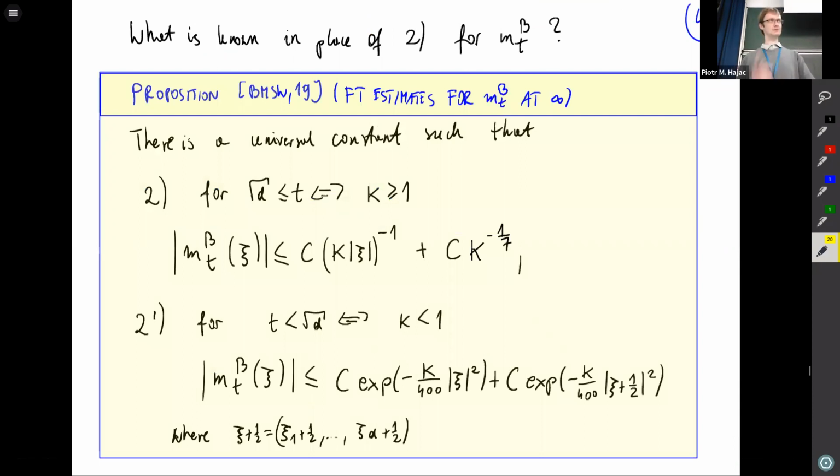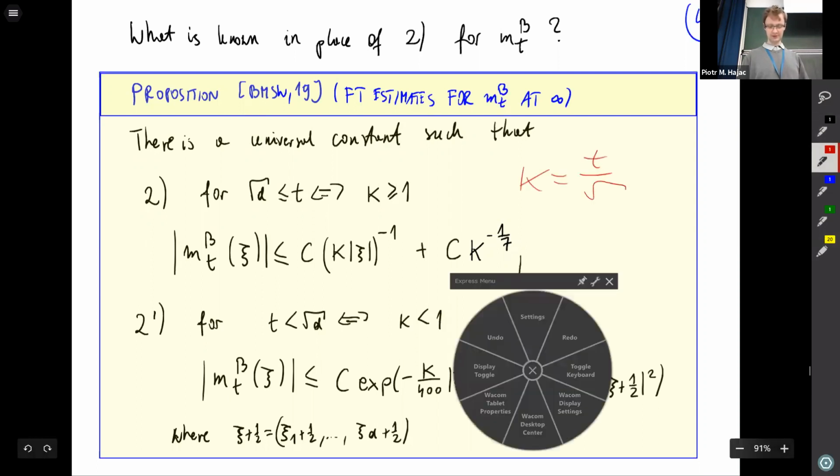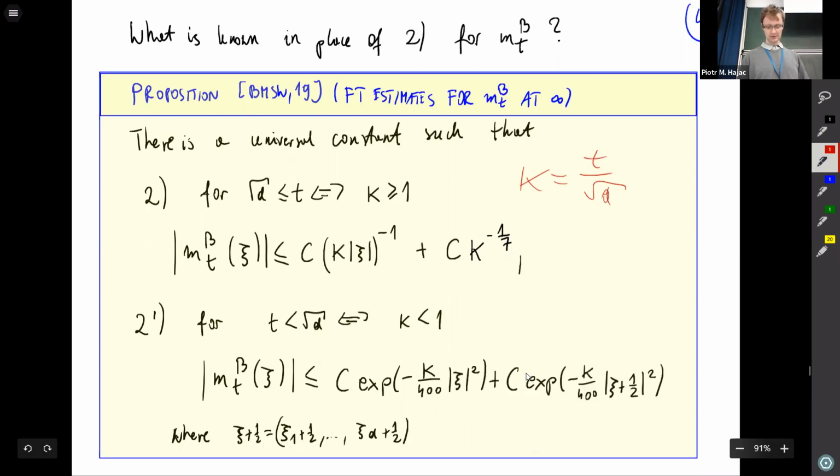So there are two important regimes. Once again, there is a distinction for two important regimes of kappa. So recall that kappa was t over the square root of d. The first regime is where kappa is greater than 1, which just translates to t being greater than square root of d.